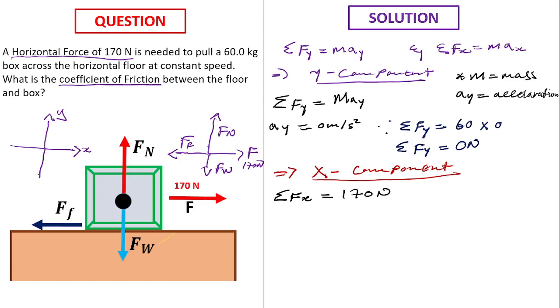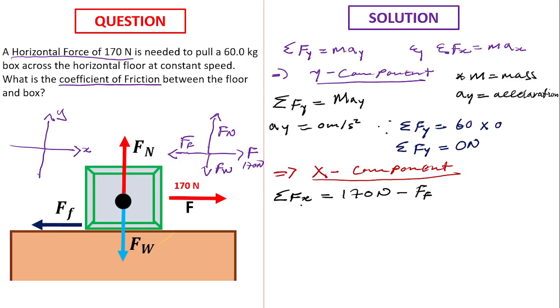Now, one other thing that we need to understand is that this 170 Newton is having a friction force which is acting in the opposite direction. So you are going to subtract the friction force, which is acting in the opposite direction. So you are going to say F friction, like that. So this is the summation of forces in the x component.